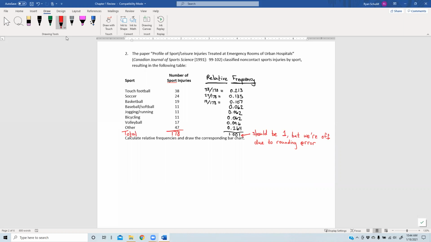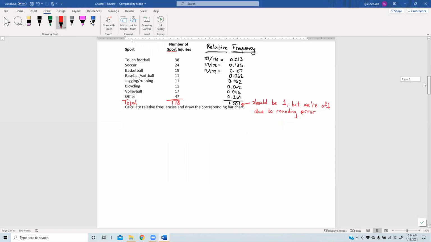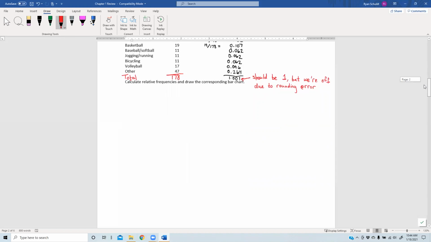So we've done the relative frequencies. Now they ask us to draw the corresponding bar chart. So I am not the greatest artist. So I'm going to draw some axes in here, and then we'll go from there.